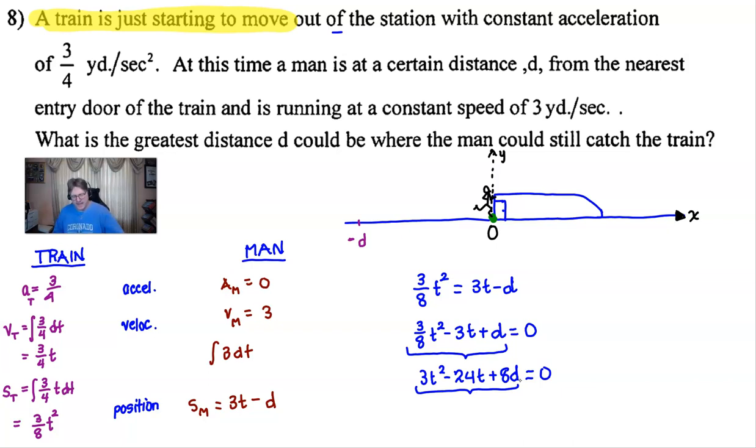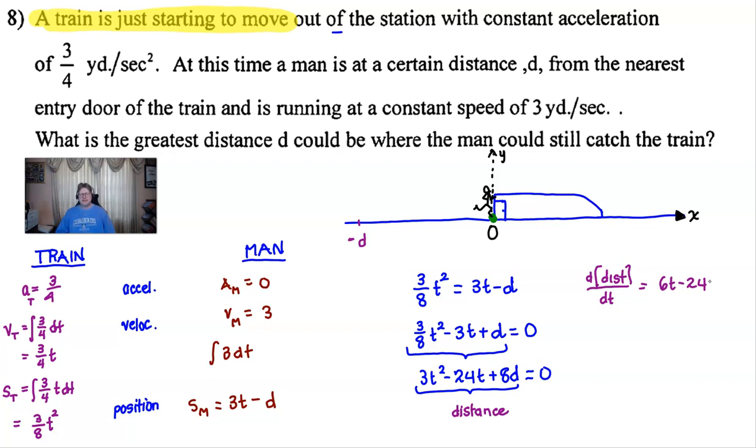And so I'm going to go ahead and declare this to be a distance expression, okay? I just don't want to call it d equal because I don't want it to be confused with the d that's already involved in that expression. So if we're going to try to find that maximum, let's take the derivative of this distance equation with respect to t, and that of course is going to give us 6t minus 24.